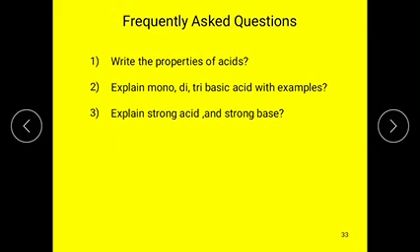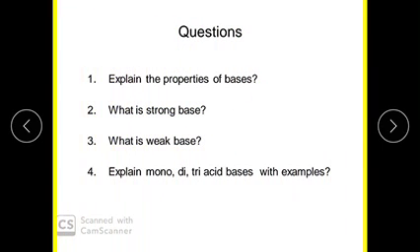And also, sometimes they may ask as a question: explain the strong acids and strong bases, explain the strong base and weak acids, and also asks what is a strong base, what is a weak base, and also explain about the mono, di, triacidic bases with examples.